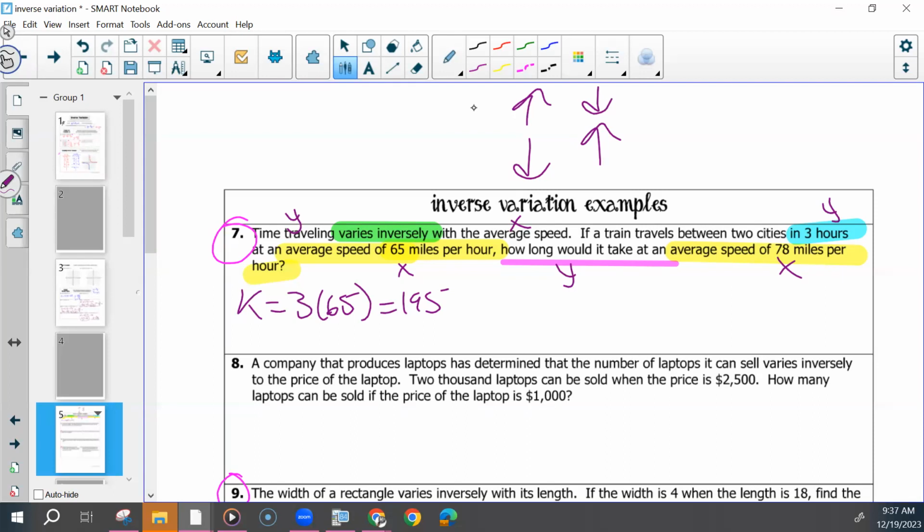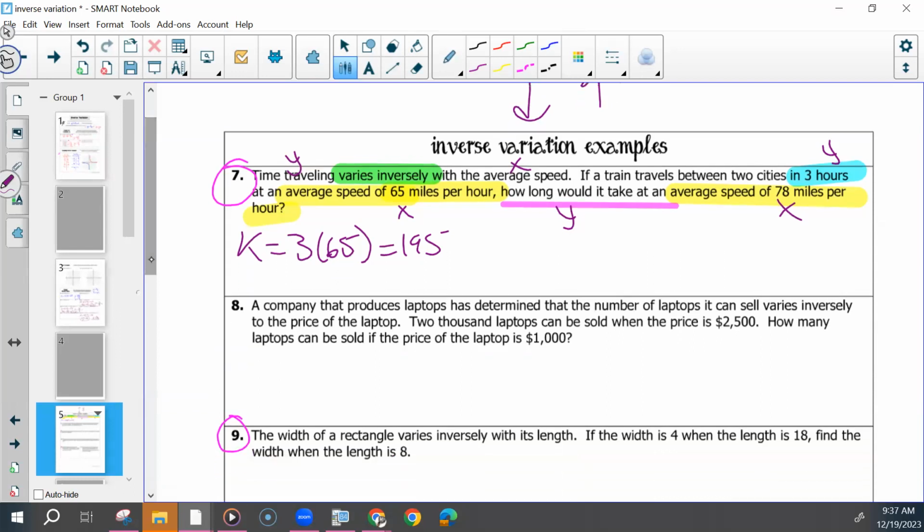And then since we're looking for y, how would we set up our equation? 195 over 78. Divide that, and what do you get? 2.5 what?